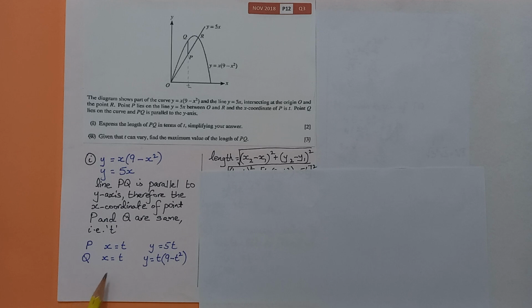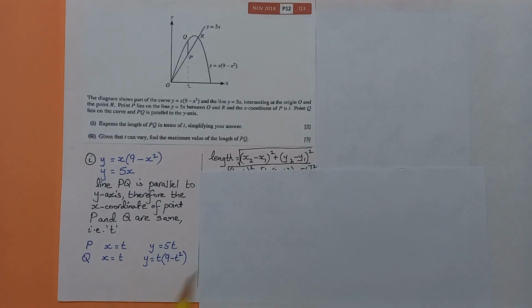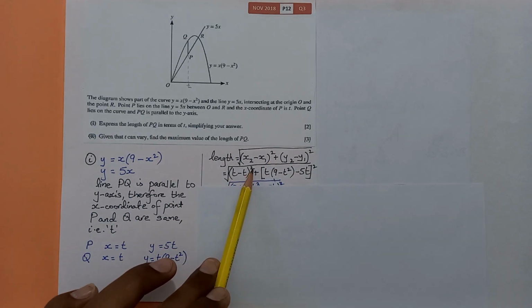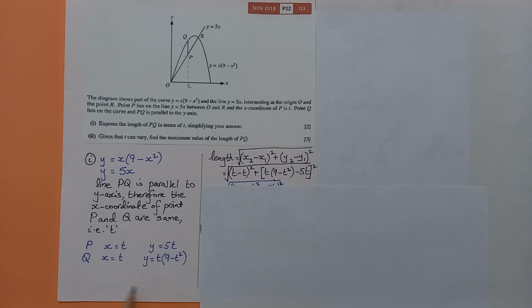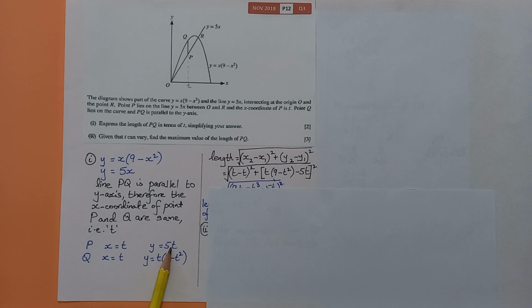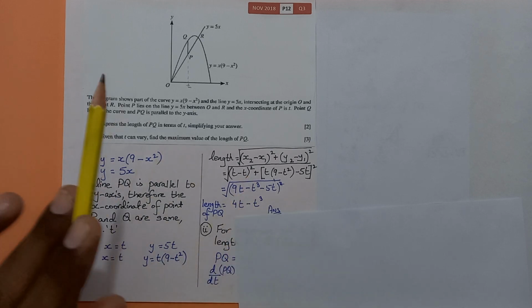Just place the value of x2 minus x1, that is t minus t, squared, and after that y2 minus y1, so t(9 minus t squared) minus 5t, squared. t minus t is 0, so 0 squared is 0, gone.